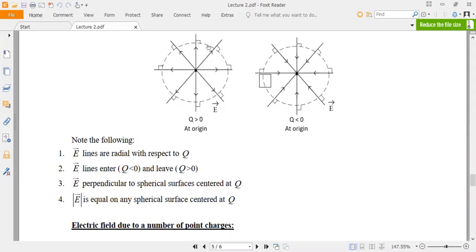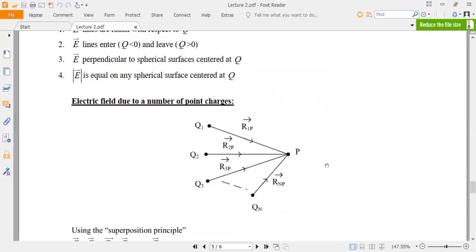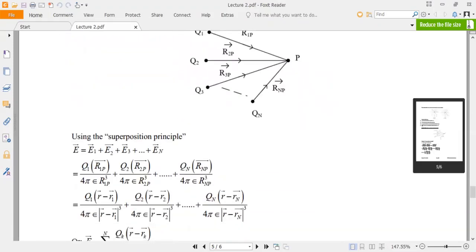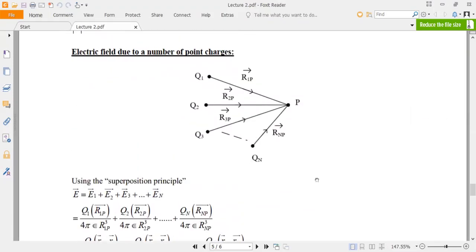And if you want to find the magnitude of your electric field at this point or this point or this point on the spherical surface, wherever you go on the spherical surface and select any point on it, your electric field intensity will be the same. So this is the point charge. Now, till now we are talking about a single point charge, right?